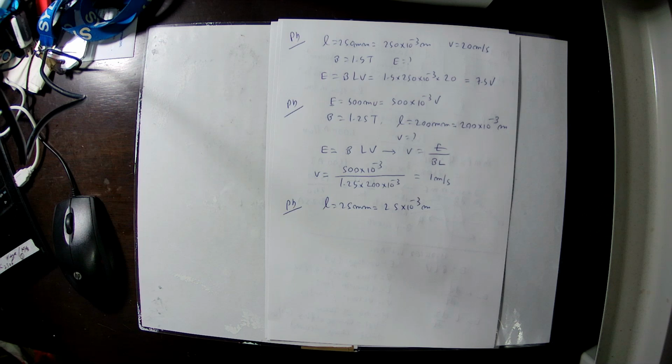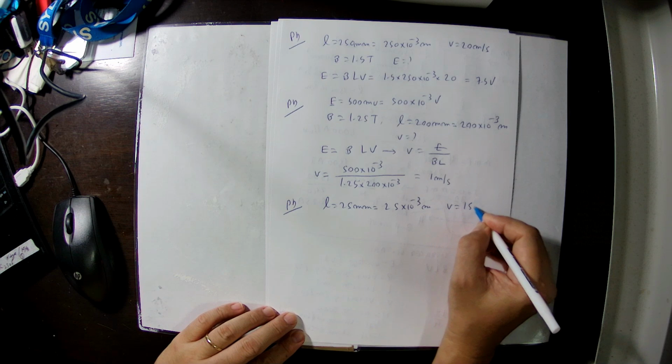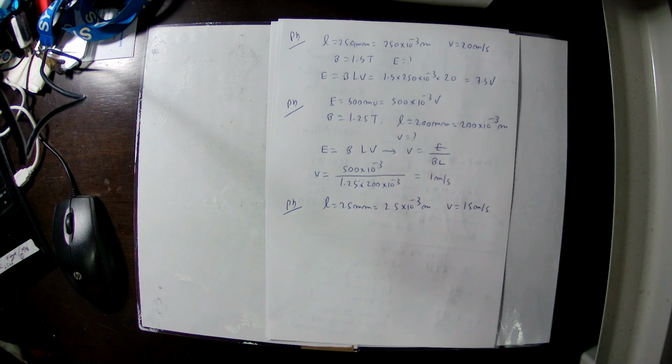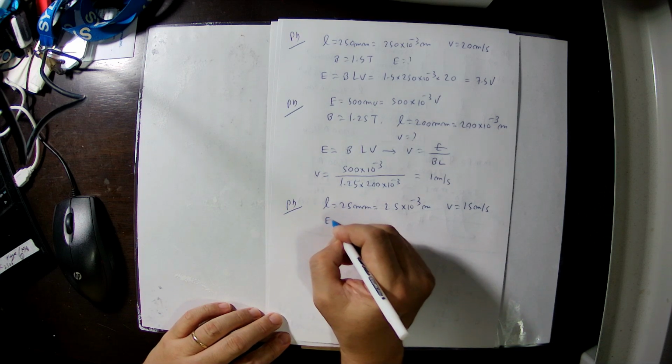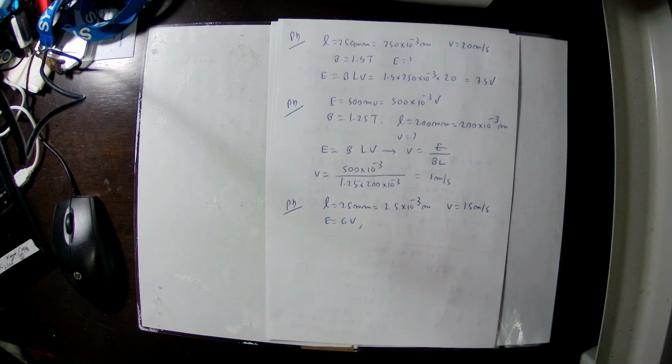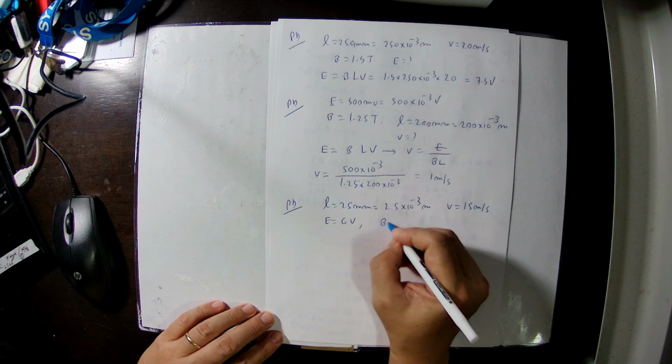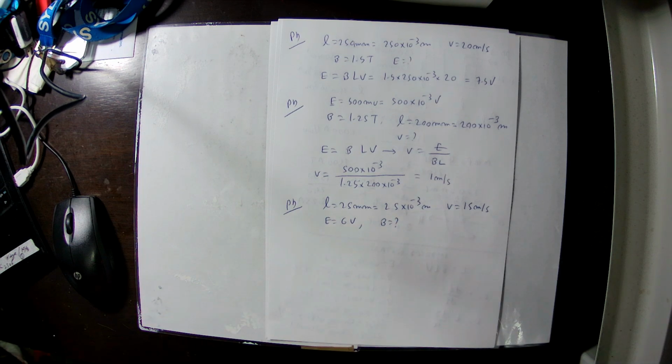Velocity V is 15 meter per second, to produce the voltage 6 volt, E equal to 6 volt. So we have to calculate the flux density B. Determine the flux density of the magnetic field where a conductor 25 millimeter long cuts through the flux at a right angle with a velocity of 15 meter per second to produce a voltage of 6 volt.